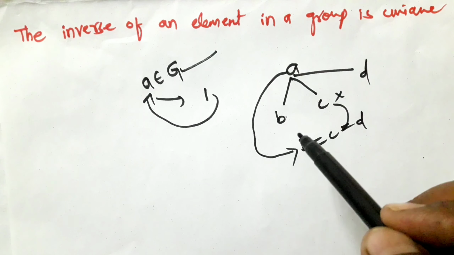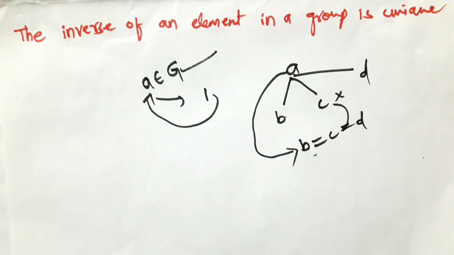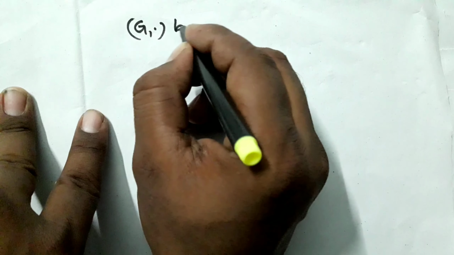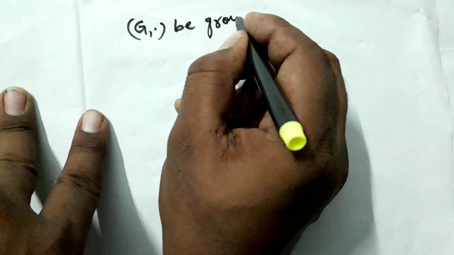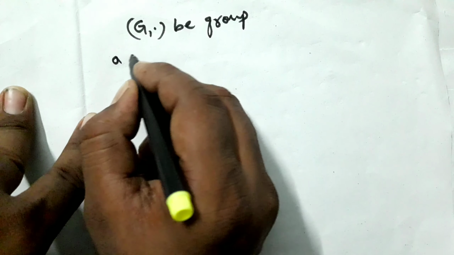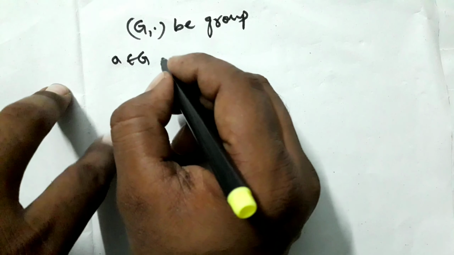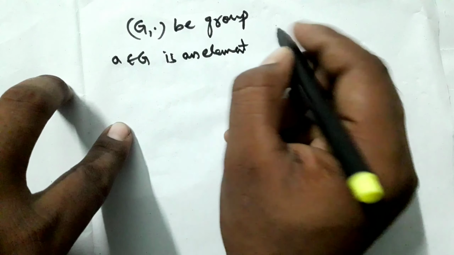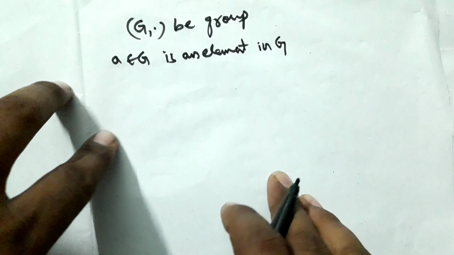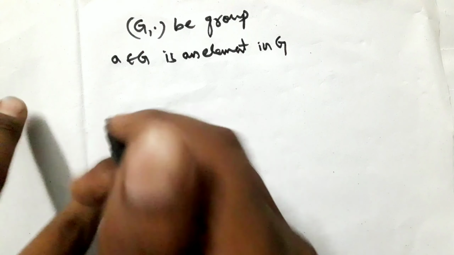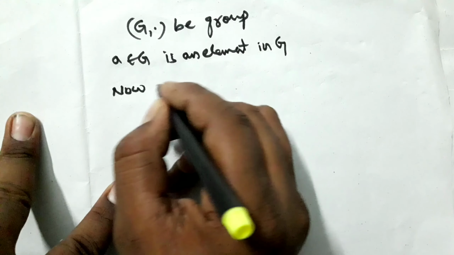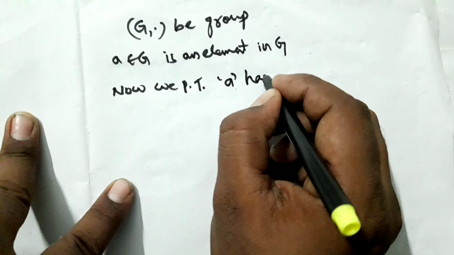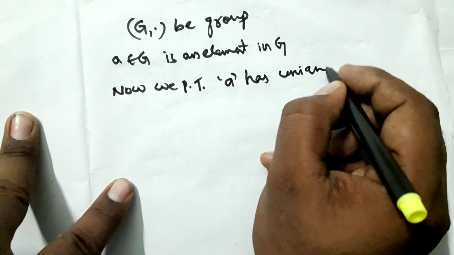Now, see the proof of the theorem. Here I am taking (G, dot) to be a group, and small a is an element in G, a belongs to G. Now we prove that a has a unique inverse element.